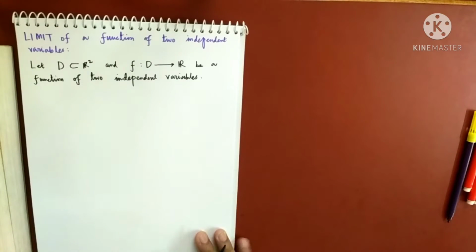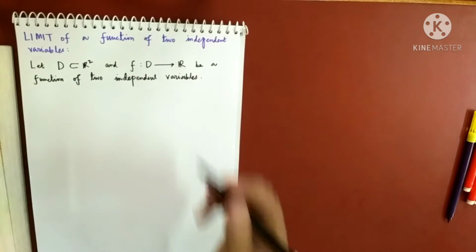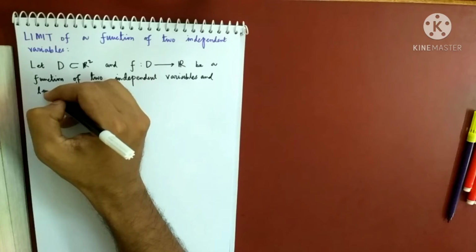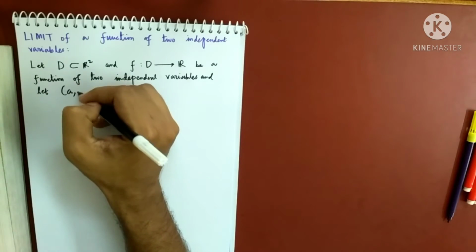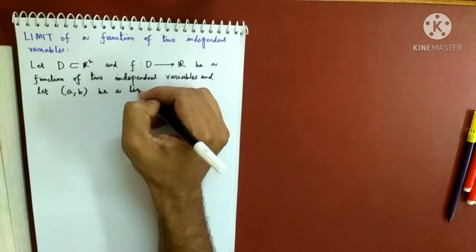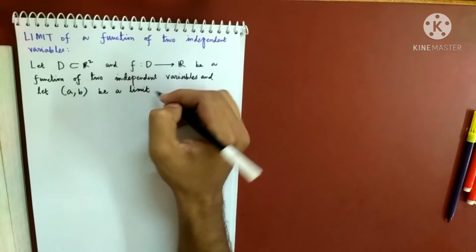Now let (a, b) be a limit point of D. I have already defined what I mean by a limit point.